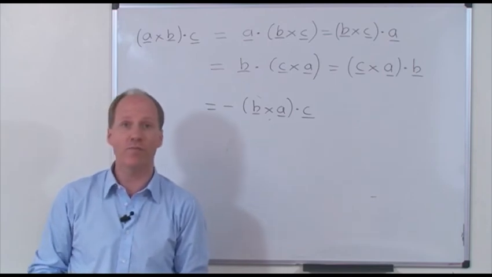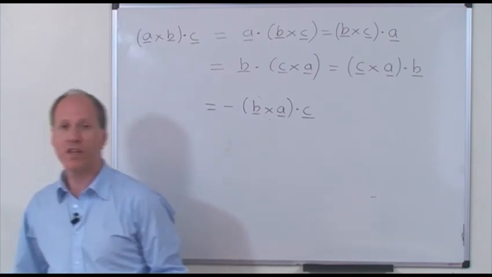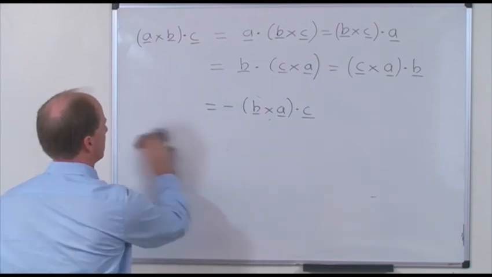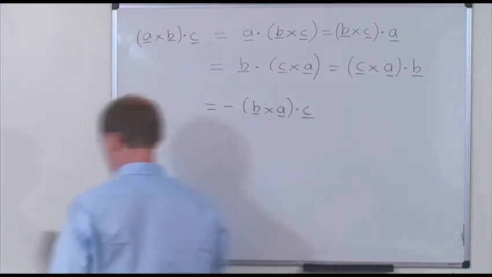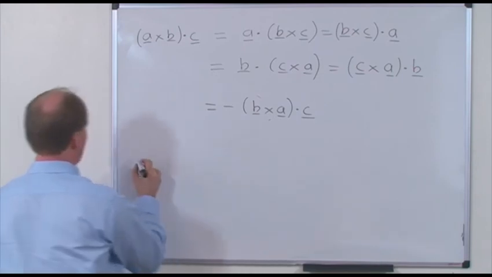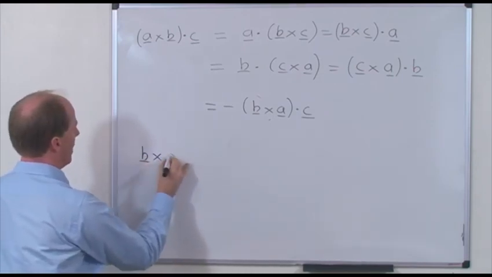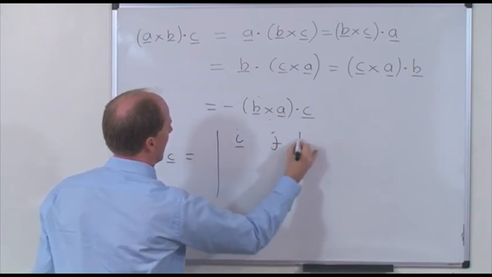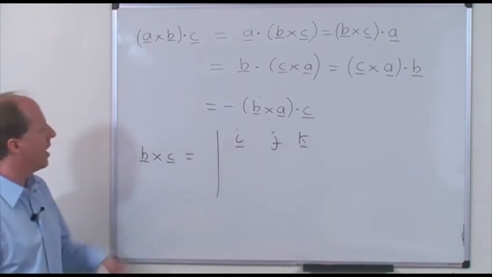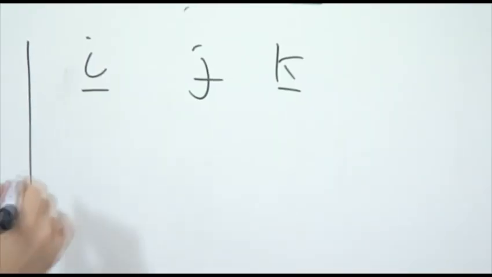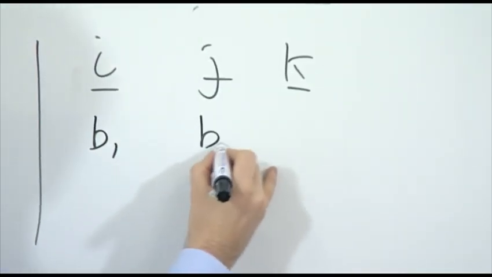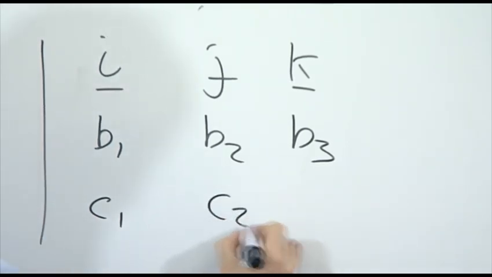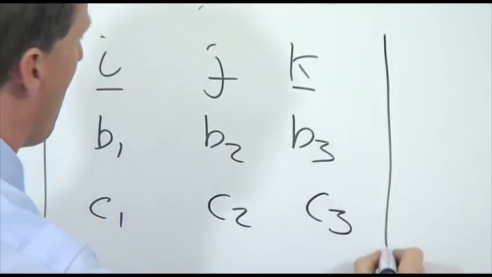Now we can see all these properties when we use the determinant form for working out the cross product. So remember that B cross C is written as a determinant as i j k, B1, B2, B3, C1, C2, C3.